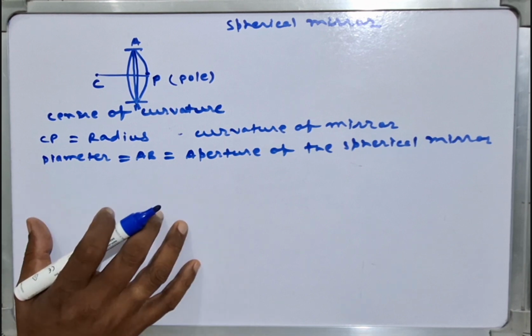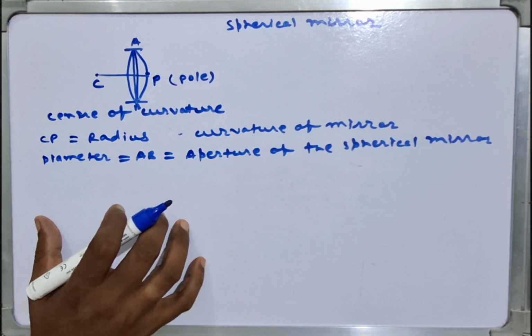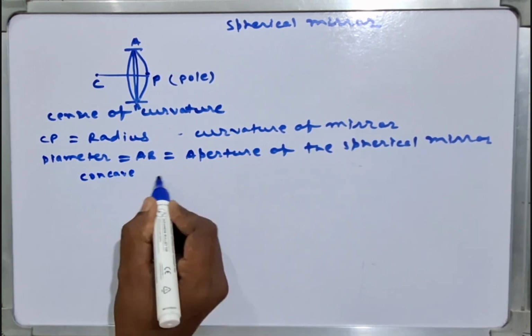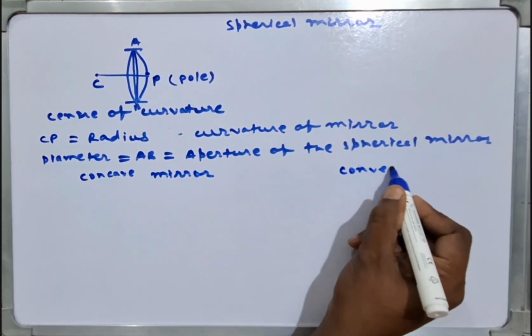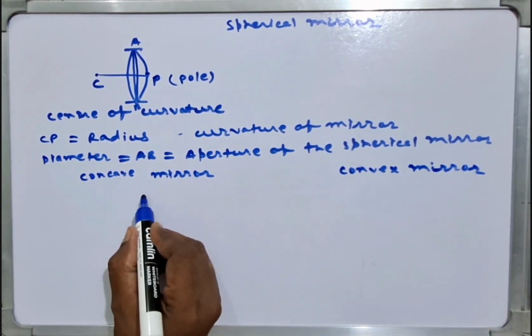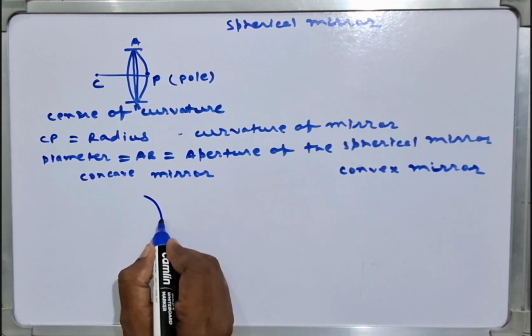Now guys, on the basis of polishing and coating, the spherical mirror is divided into two categories. First one is a concave mirror and the second one is a convex mirror. Suppose this one is a curved part of the mirror.